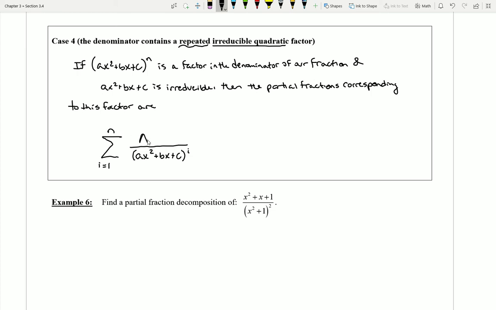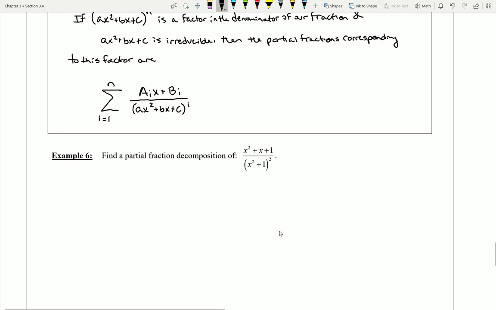In the numerator, I'm going to have things of a linear form. The numbers might keep changing up there, but I'll ultimately have the same linear structure. Now again, this can seem rather confusing when worded this way, but take a look at how it plays out in example 6. Notice example 6 doesn't have an integral, it's just saying, can I find the partial fractions of what I have here? So I'm only going to focus on the algebra right now.